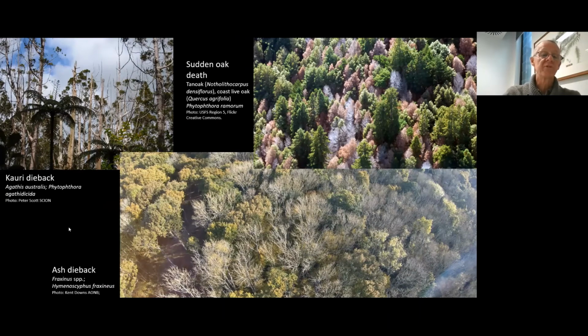So whether it's diseases like kauri dieback, prominent in the North Island in the agathis populations there, with this relatively newly described species of Phytophthora, sudden oak death in California, and in a number of the big box hardware companies across the whole of the US now, and with a very broad range, which includes some of our species that we have concerns with, and through to things like ash dieback, which are causing huge problems right across the whole of Europe and the United Kingdom.